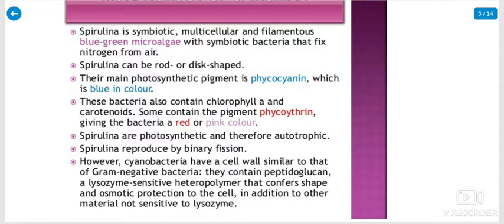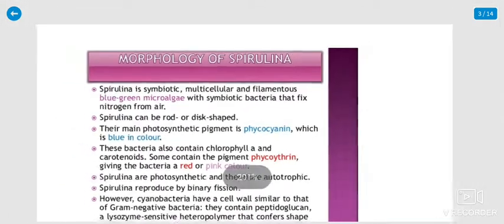They contain peptidoglycan, a lysozyme-sensitive heteropolymer that confers shape and osmotic protection to the cell, in addition to other material not sensitive to lysozyme. This is the morphological structure of the spirulina.